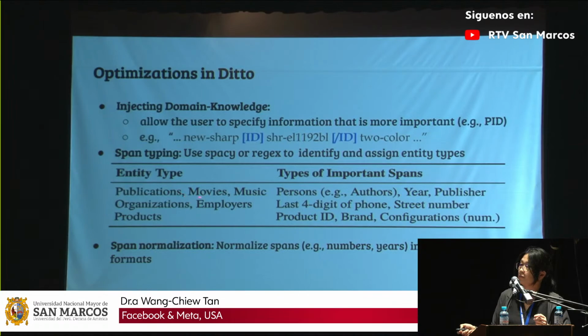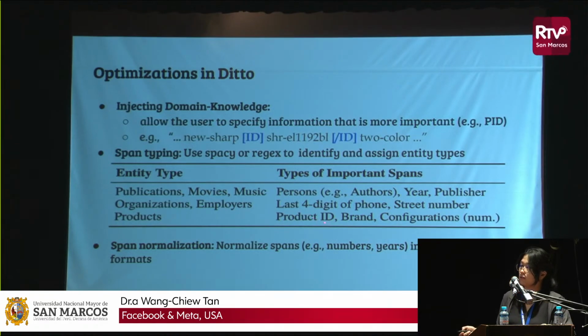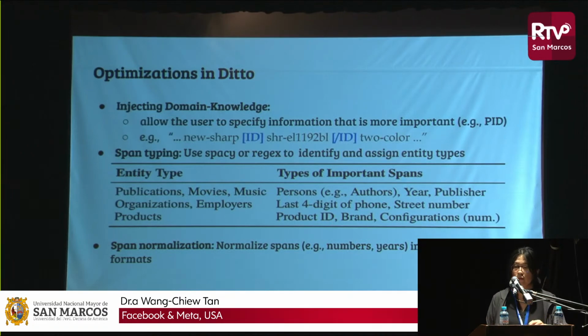Based on the different types of entity, you can do different things. For example, for organizations or employers, you can use the last 4 digits of the phone number as an identifier, heuristically of course, or the street number of the address. And for products, as I mentioned, you can use the product ID or even the configuration or version number, and so on.